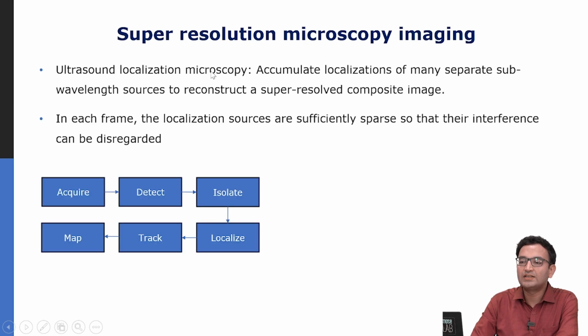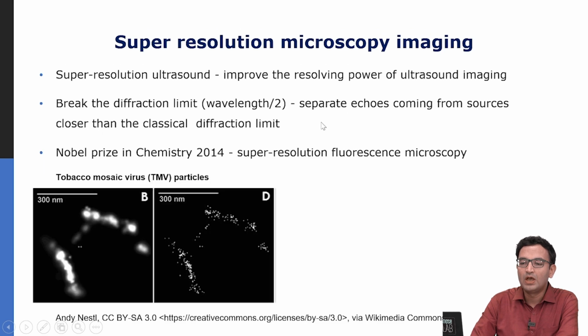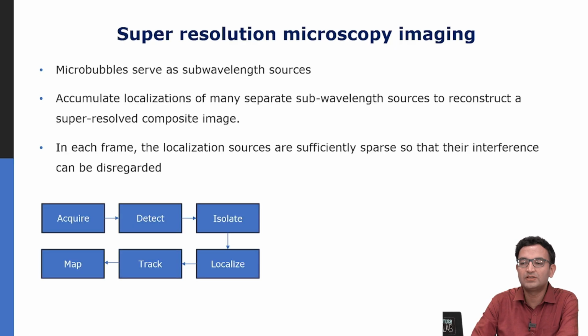In ultrasound localization microscopy, we accumulate the localizations of many separate sub-wavelength sources to reconstruct a super resolved composite image. So for example, these blurry patches can represent the point spread function of your imaging system. If we can localize the maximum intensity points and replace them with points, then we can get better resolution. So this is the general principle.